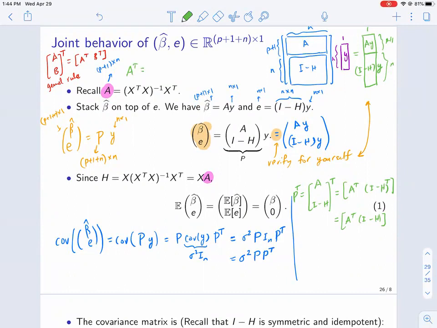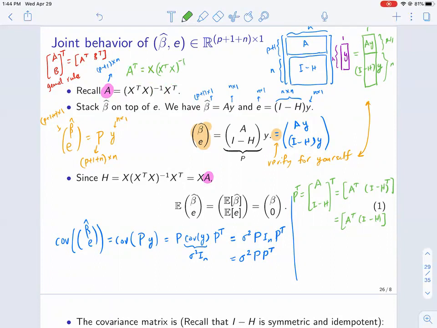It's X times the inverse of X transpose X. Yes, so you get the transpose of this times the transpose of this. Transpose of X transpose is that, and the transpose of X transpose X inverse is symmetric, so the transpose of this part is the same.